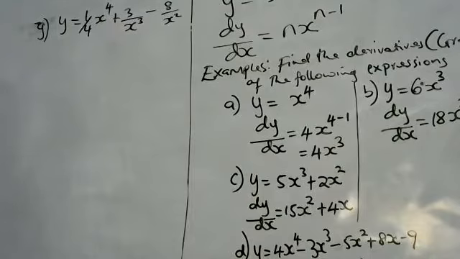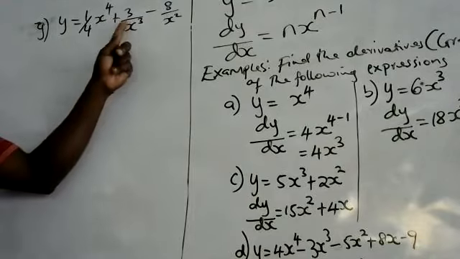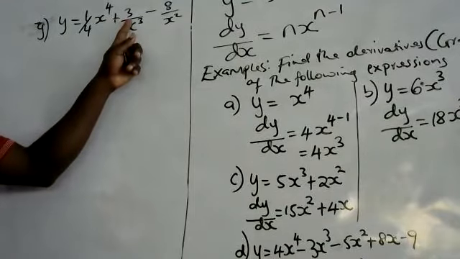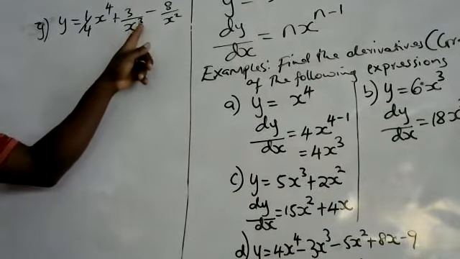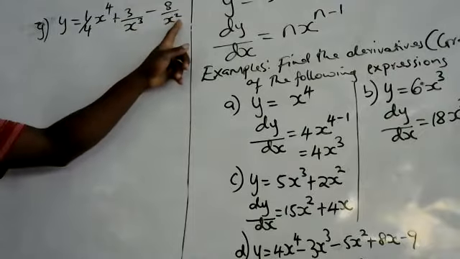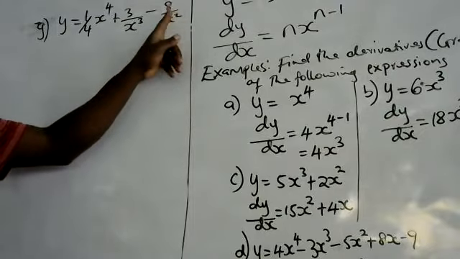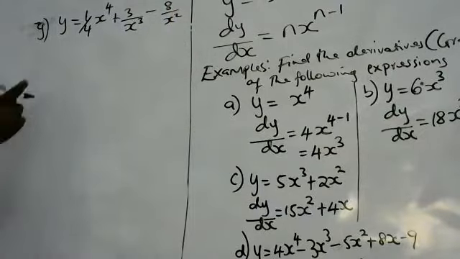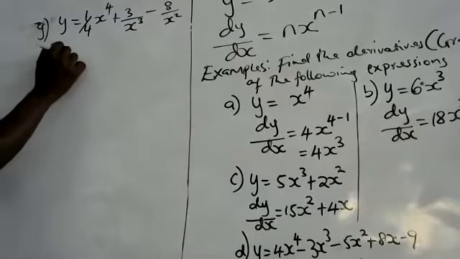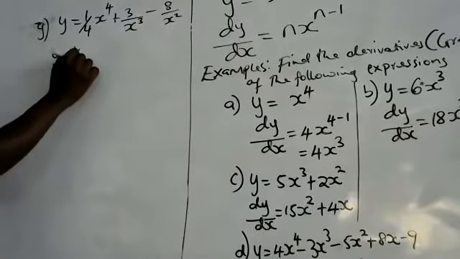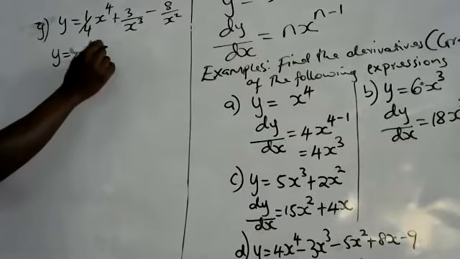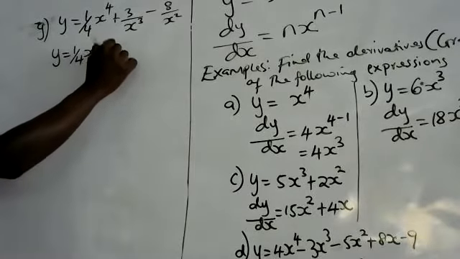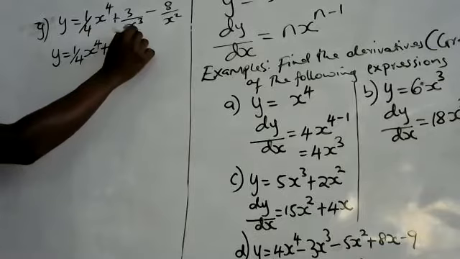You are given that. One thing you need to note, whenever there is something like a fraction, you take it upwards, but the power becomes negative. You take this x power 2 upwards, but the power becomes negative. So this function can be written as y is equal to 1 over 4 x power 4 plus 3 x power negative 3.